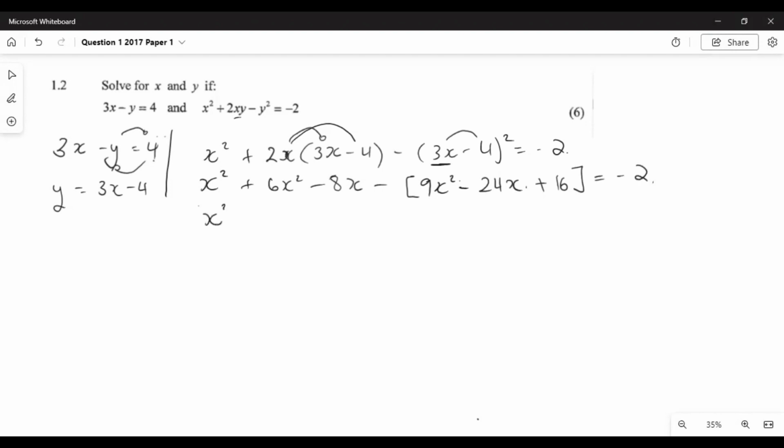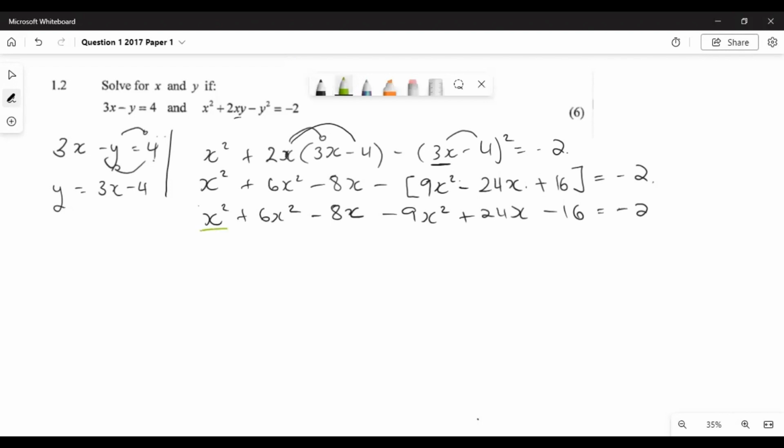So let's consider how that negative outside is going to affect everything inside. We'll get a negative x squared and a positive 24x, and it's going to be a negative 16 minus 2. Let's now simplify. For the x squared, if I add them up together, they will give me a negative 2x squared.